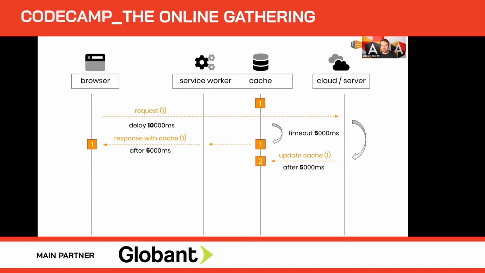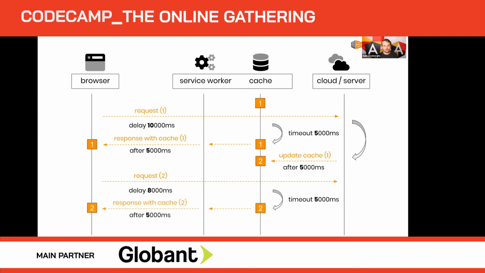The response is delayed. This time it also times out, but this time the user gets back the updated resource, because in the background, the cache got updated. So we get back version 2. And again, same thing is true in the background. The other request will keep going, and as soon as that resolves, it will update the cache.